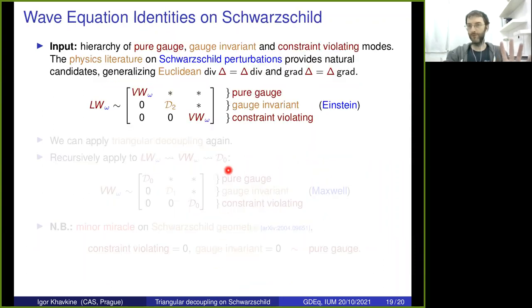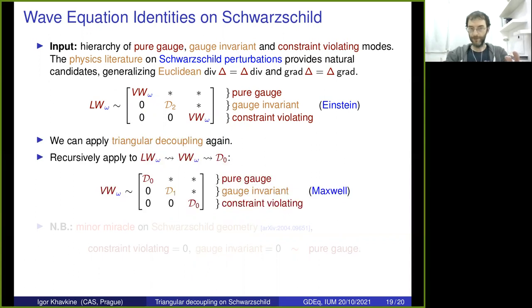And the different cases is this simplification of the Lichnerowicz wave equation into gauge invariant modes that obey the spin 2 Regge-Wheeler equation, and the pure gauge and constraint violating modes that obey the vector wave equation.